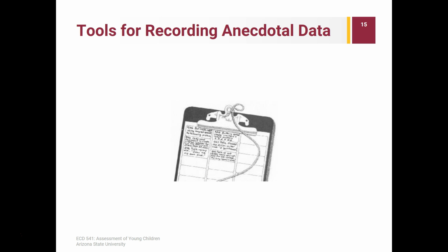Mailing labels are another tool used by some to collect anecdotal data. To use this method, teachers place mailing labels on a clipboard and then write the observations on each label. The teacher can then transfer the label to the appropriate child's folder or portfolio. The advantages of this method are that it is simple to use in the moment.